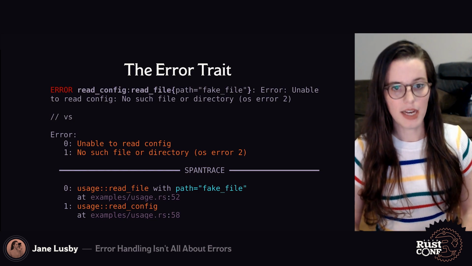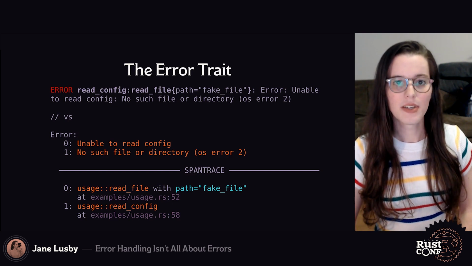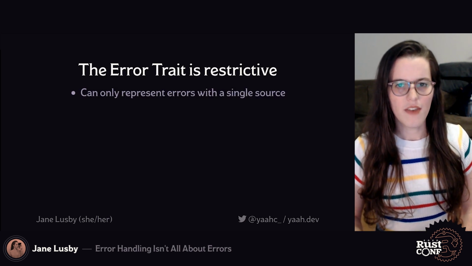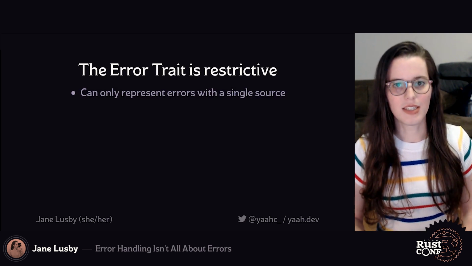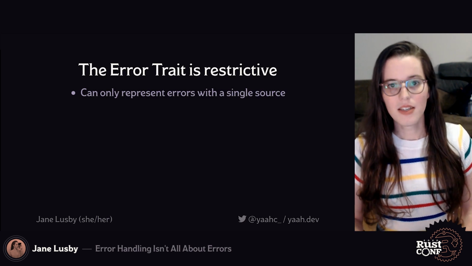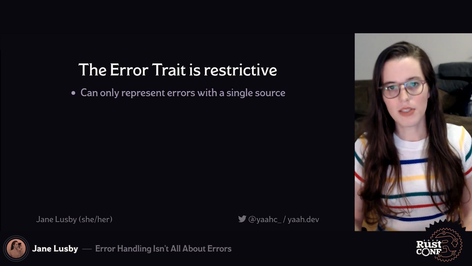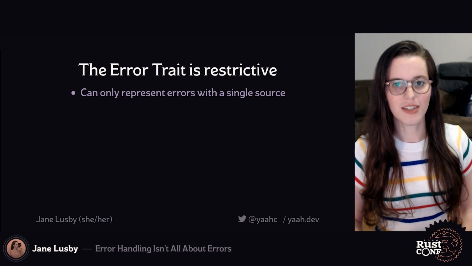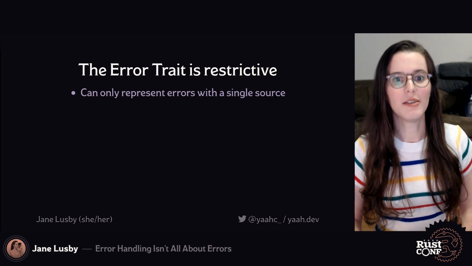However, despite the fact that the error trait in Rust is more flexible than most other languages, it is still restrictive in some ways. The error trait can only represent errors with a single source. If you've ever written a parser, you might have run into this one, where you have multiple syntax errors at once. The error trait can only represent a chain of errors as a singly linked list, and so it doesn't work well for domains like parsers, where error causes end up looking more like a tree.